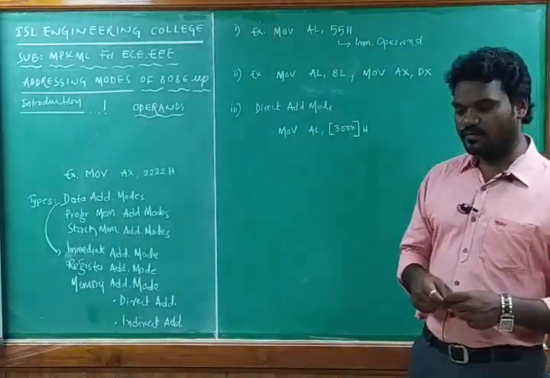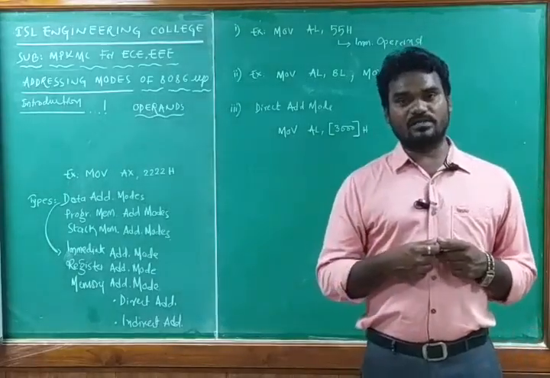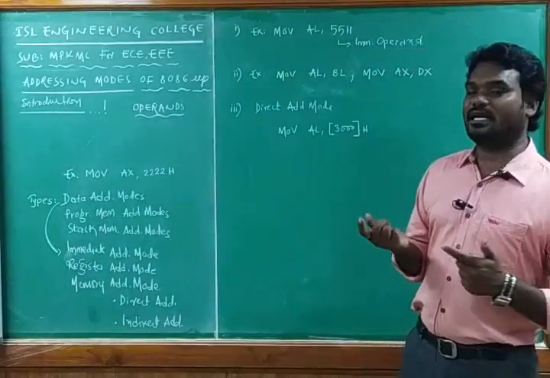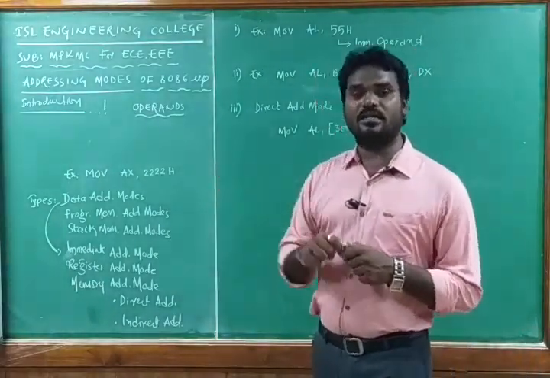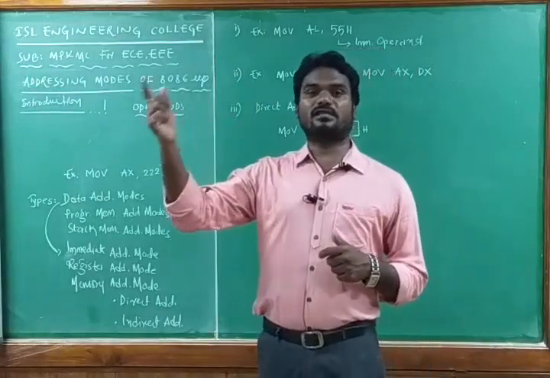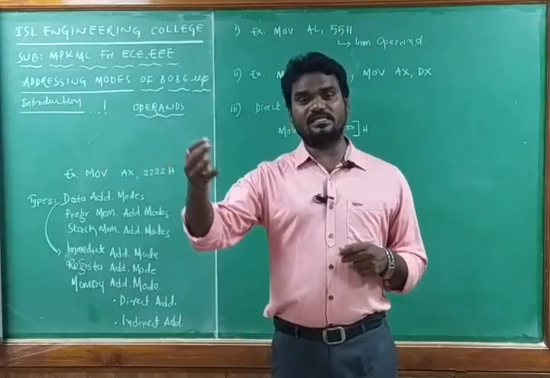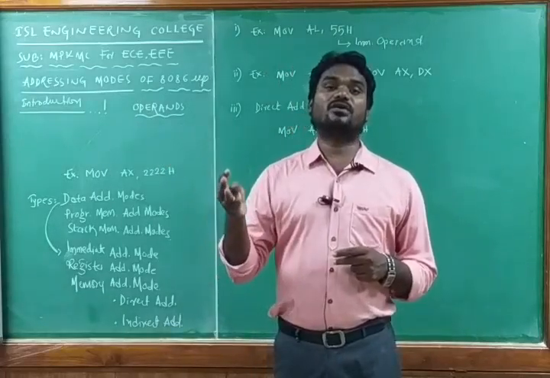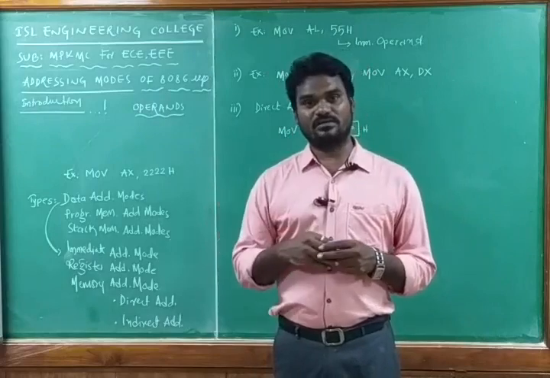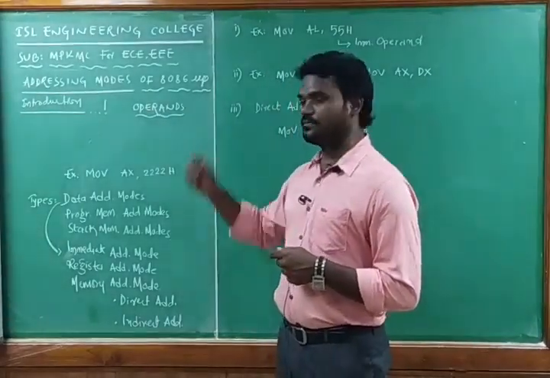That means the 8086 microprocessor can access the data either from internal registers or from external memory, and it is accessing that data on which the instructions are going to perform some operation. This data is named as operand.